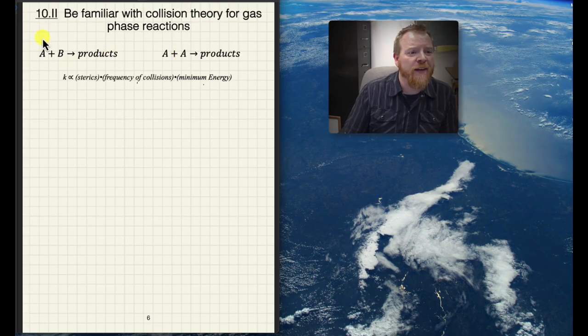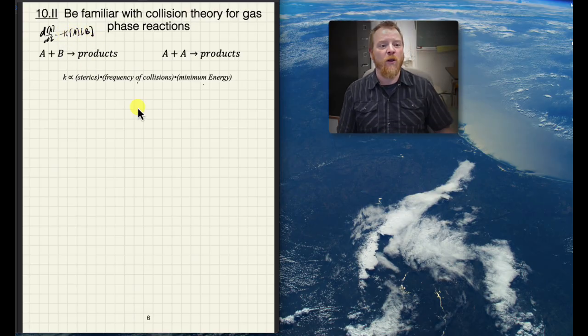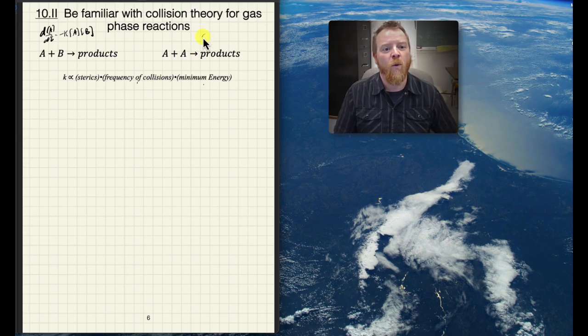And then noting in this second, both of these are second order reactions, right? So my dA/dt would be negative k times A times B, so all of that still applies, or dA/dt is going to equal negative k A squared.